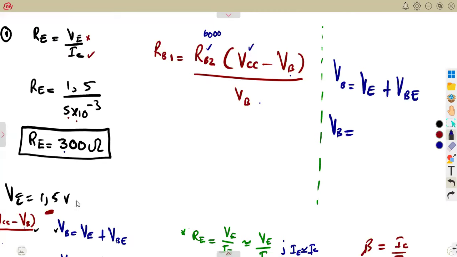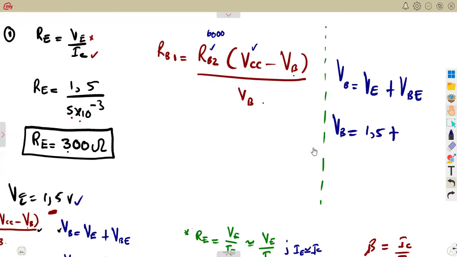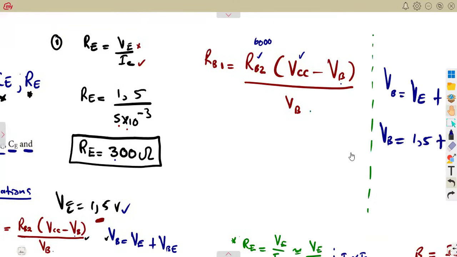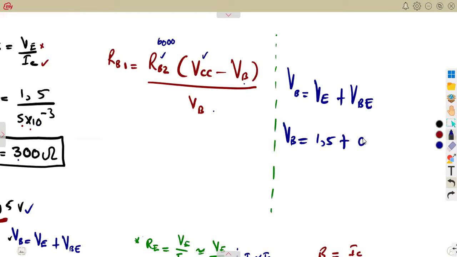The VE is already there, 1,5. Then the VBE, you will be given this value, 0,7. So you're given 0,7 to use for a silicon. So that means our VB was going to be 1,5 plus 0,7, which is 2,2 volts.